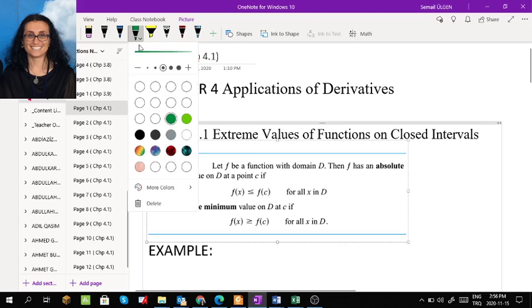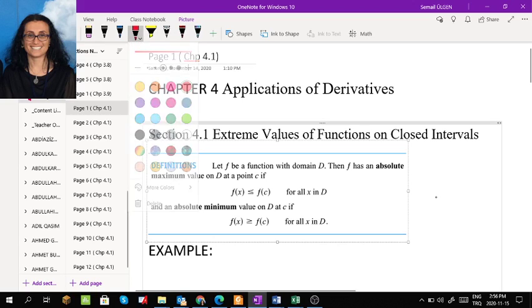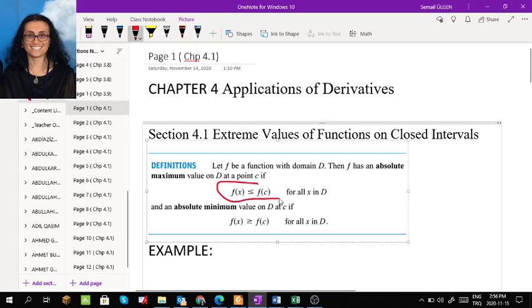Let me explain it a little better. This tells us that for all x in the domain, f of x is less than or equal to f of c.